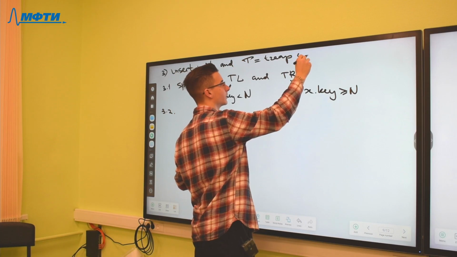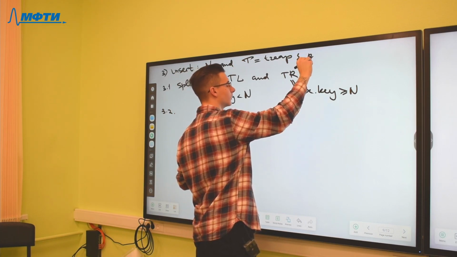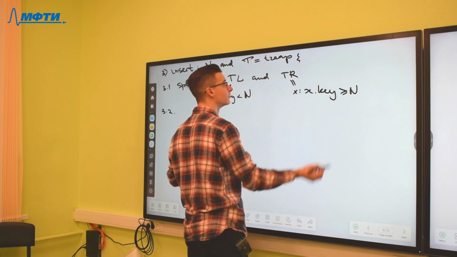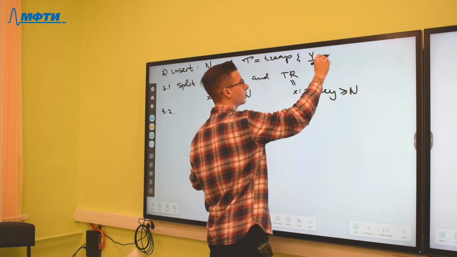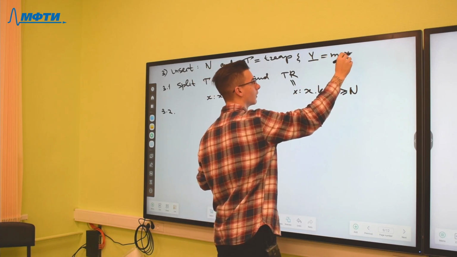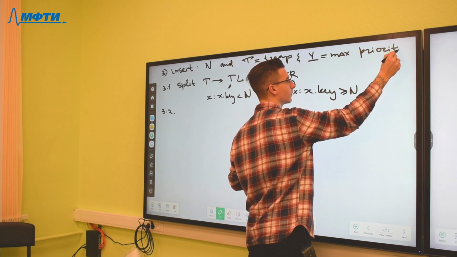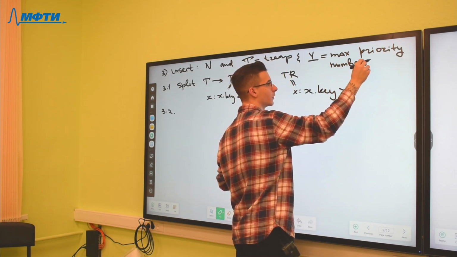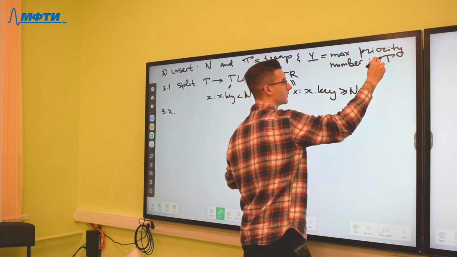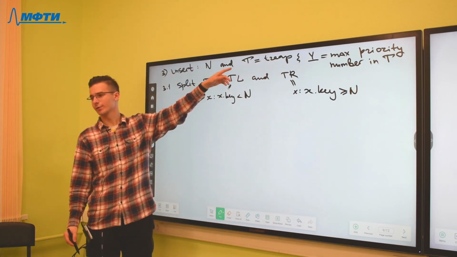I write here, for example, y, the maximum priority number in C. It is the priority number of the root of this treap.